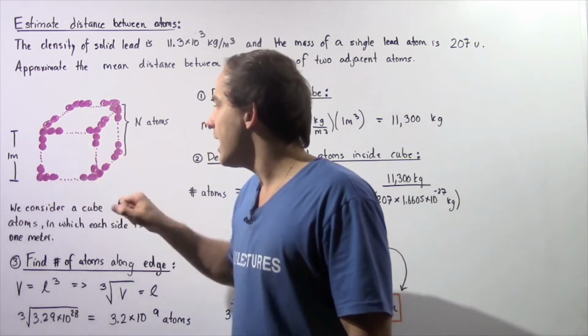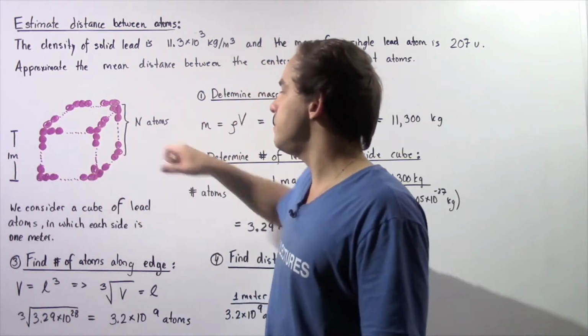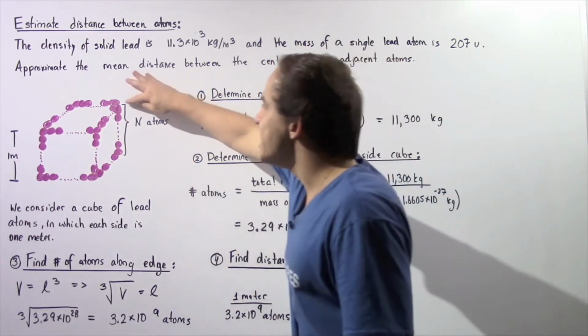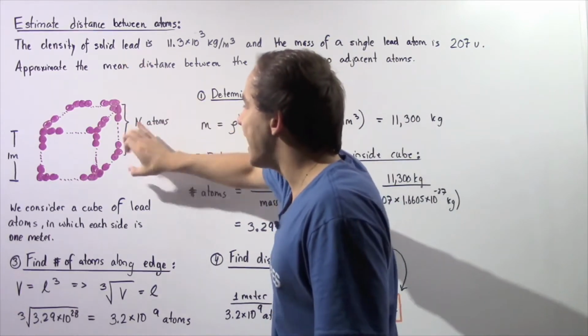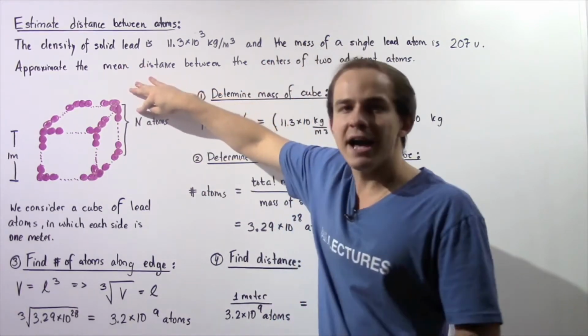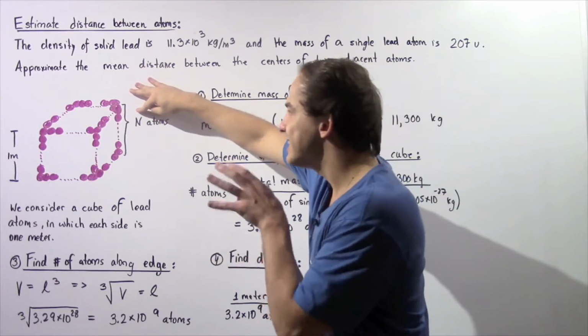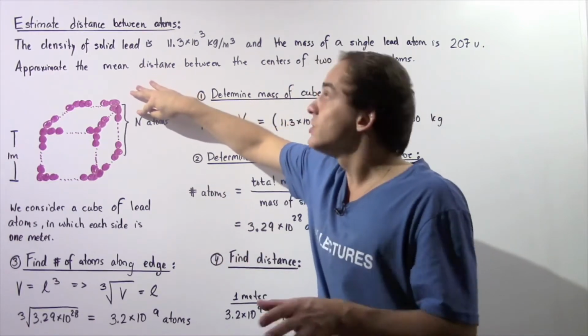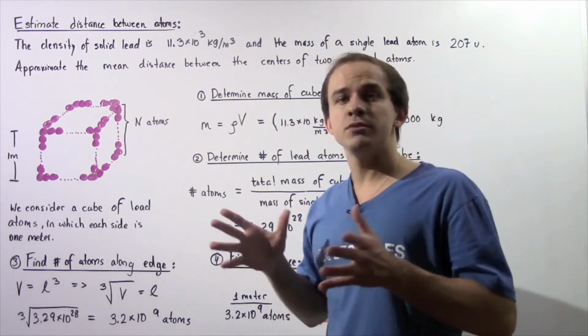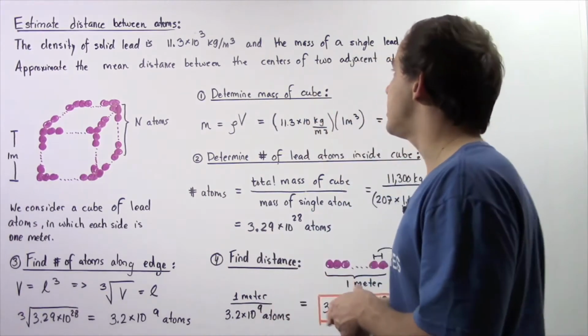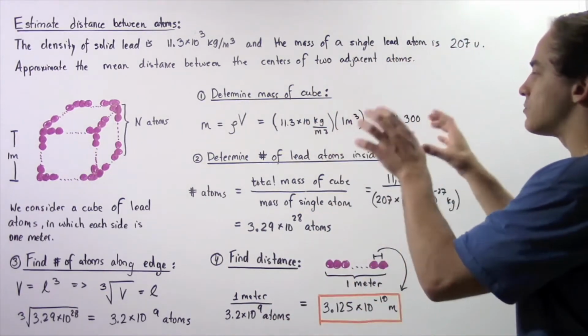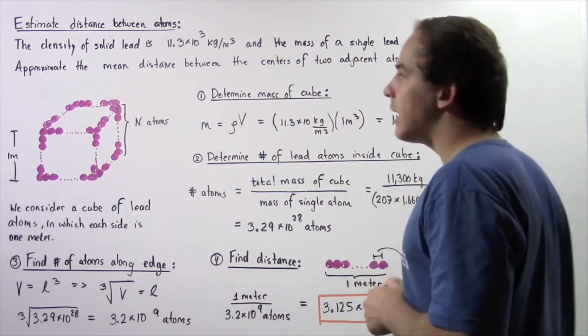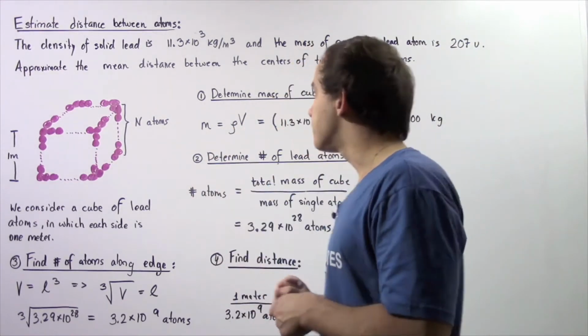So 1 meter height, 1 meter width, and 1 meter length. The number of atoms along any edge is given by n. We're going to need to calculate this number n to find the distance between the centers of any two adjacent lead atoms. So we break down our problem into 4 steps.